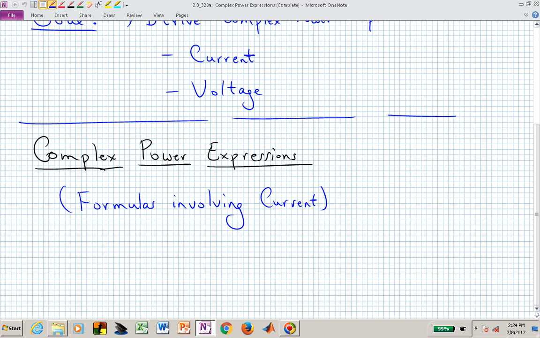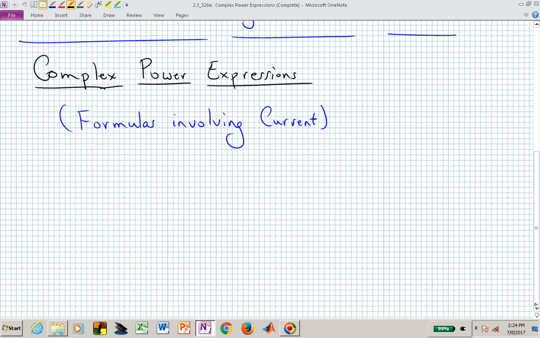Here, let's start with the formulas when we restrict our attention to having access only to the current. And all of these are coming from exactly the same expression, the complex power formula, which says that it's the voltage phasor in RMS, because we don't have any factors of 1/2 floating around, times the complex conjugate of the current phasor.